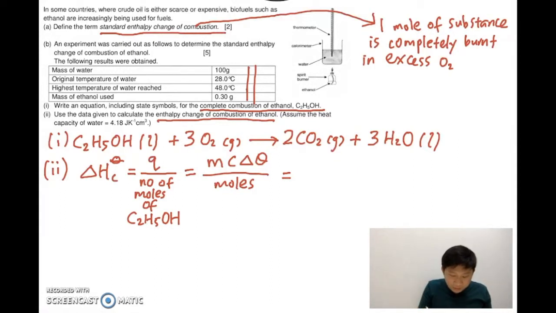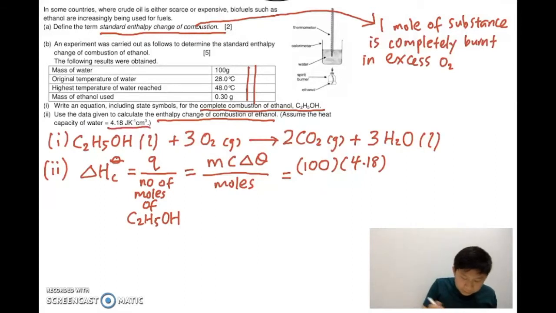So over here it's 100 grams, or sometimes they link to cm cube because taking density to be 1 gram per cm cube. So 100 grams multiplied by 4.18, which is given, and then the temperature difference will be 48 minus 28.